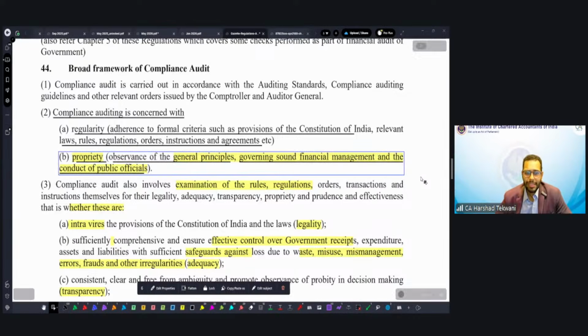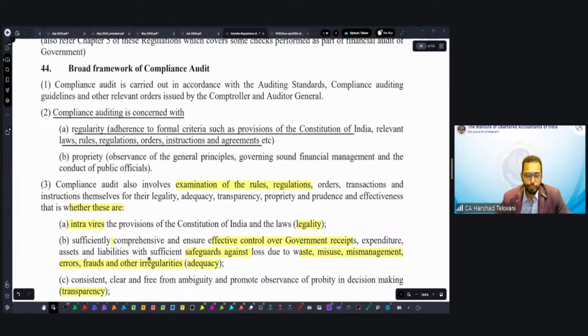So let me highlight this for you. When I talk about this term proprietary, the focus is on the general principles governing sound financial management, and conduct of public officials.